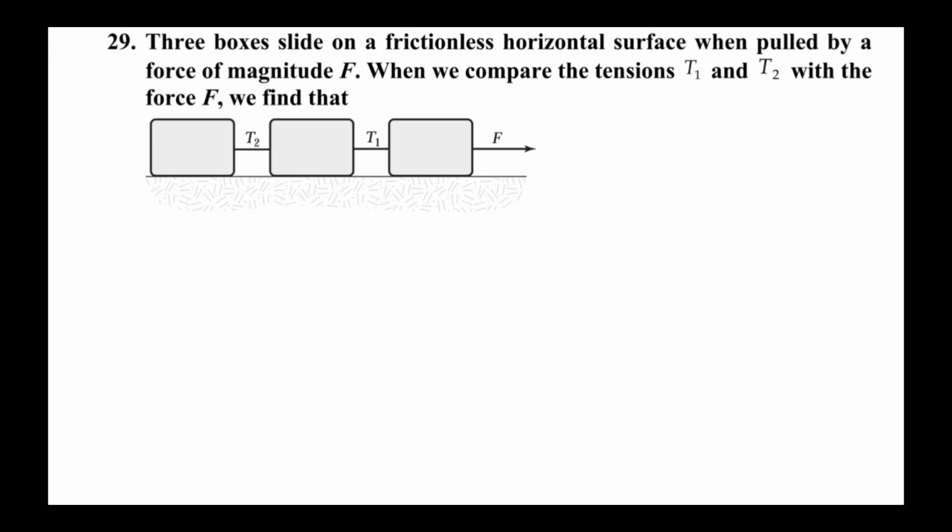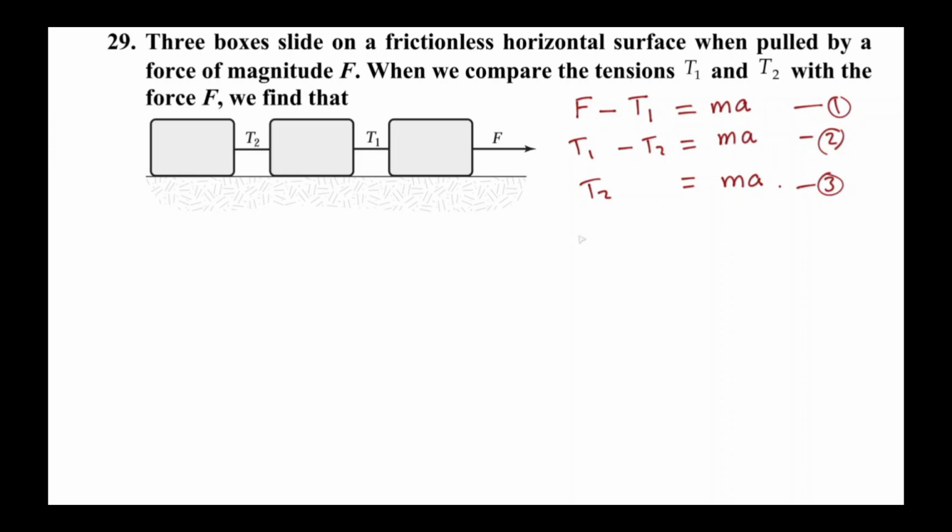Now in this question, we would like to compare T1 and T2 with respect to the force F. Let's see, F minus T1 equal to ma, and T1 minus T2, it's equal to ma, and T2 equal to ma. And remember, is 1, 2, 3.